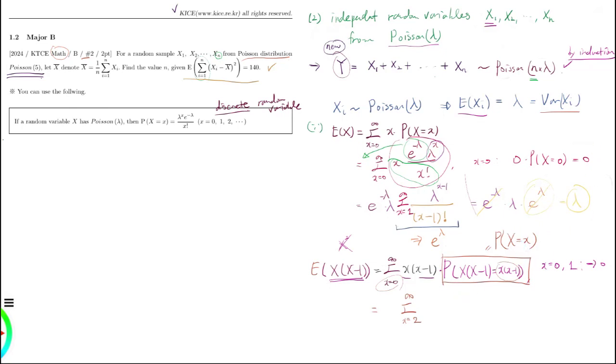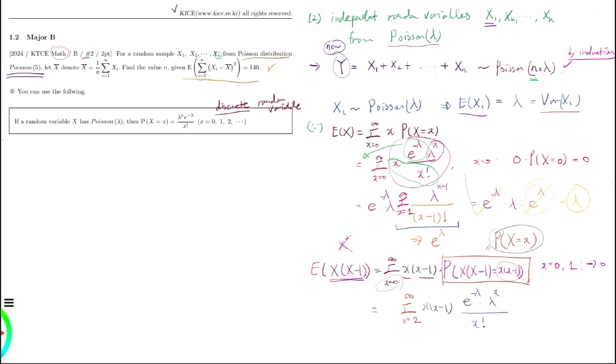So by multiplying x times x minus 1 to its probability, e to the negative lambda times lambda to the x over x factorial here.